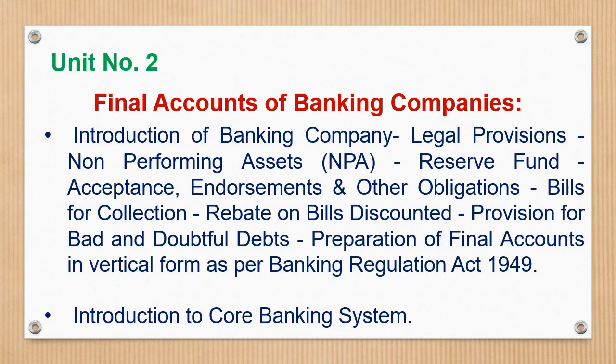In unit number 2, the unit title is Final Accounts of Banking Companies. This chapter includes introduction of banking company and the banking company legal provisions, non-performing assets, that is NPA, then reserve fund, acceptance, endorsement and other obligations, bill for collection, rebate on bill discounted, provision for bad and doubtful debts, preparation of final accounts in vertical form as per Banking Regulation Act 1949.